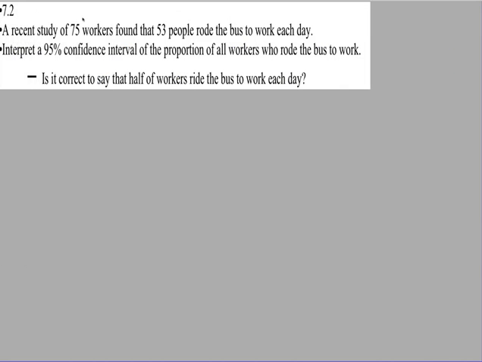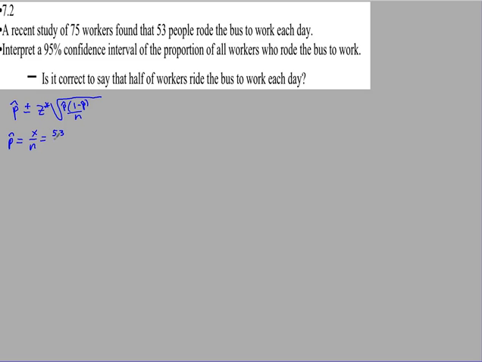A recent study of 75 workers found that 53 rode the bus daily. So here's your formula, if you choose to use your formula. The second part over here, the z star times the square root of p hat times 1 minus p hat over n, is called your margin of error, where p hat is equal to x over n, where x is the number of successes.